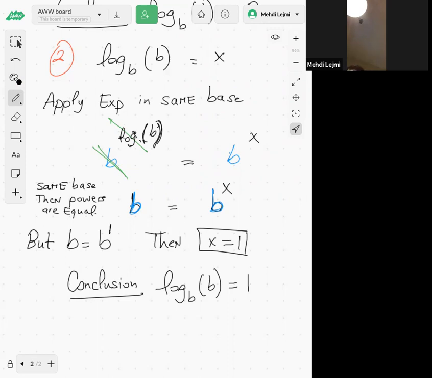It's like saying I have 2 cubed equal to 2 to the x. Then what will be x? Well, x would be 3 because it's the same base, so the powers must be equal. And this b is like b to the power 1, right? That's why x is 1.